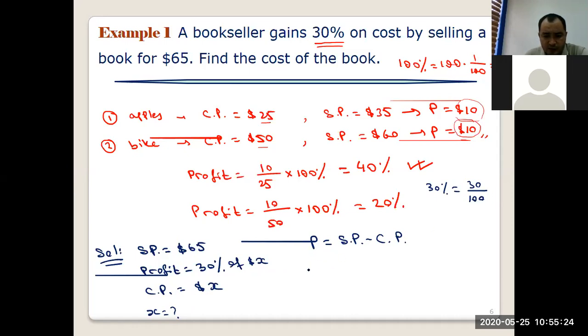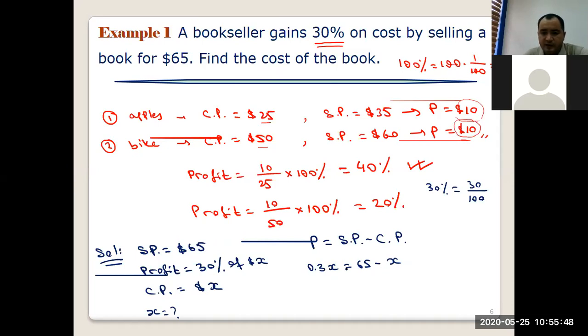So this is 0.3x, of means times, right? What is the selling price? It is $65. I'm just dropping the dollar symbol here, minus cost price is X. So here we have X. Now we have just translated this problem into a mathematical problem.